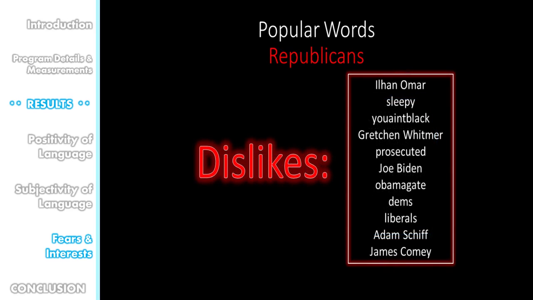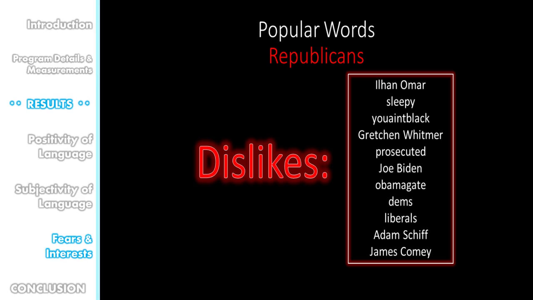Now let's move on to Republicans, and here we have their dislikes, and all of these dislikes are related. So Ilhan Omar, who's a Democrat, Sleepy, that's a nickname for Sleepy Joe Biden, who's a Democrat, Ewing Black, which is something that a Democrat said, Gretchen Whitmer, who is a Democrat, prosecuted. In this case, they're upset about James Flynn's prosecution by Democrats, by the Obama administration.